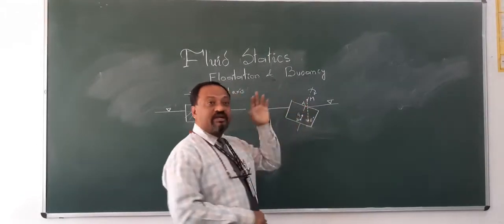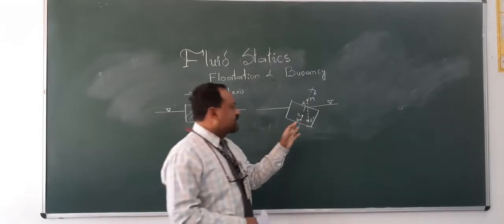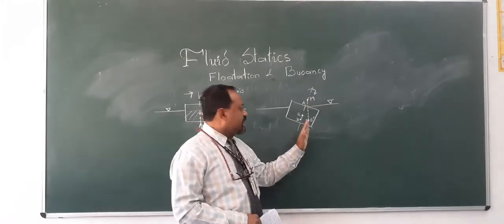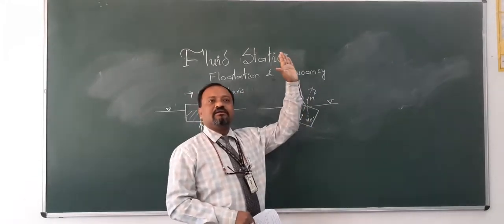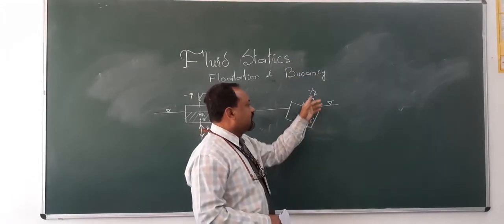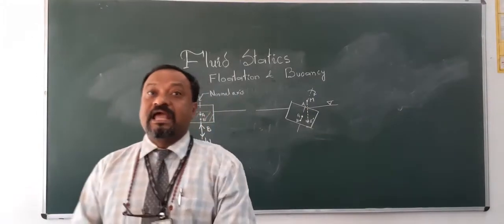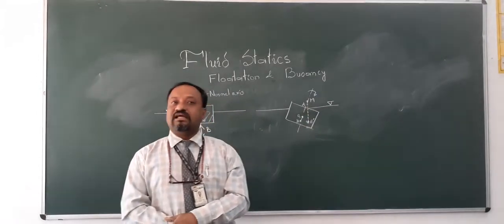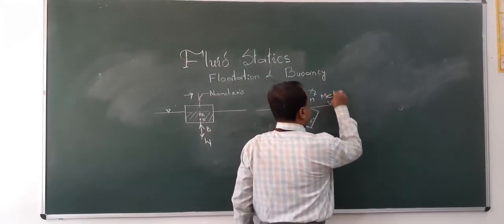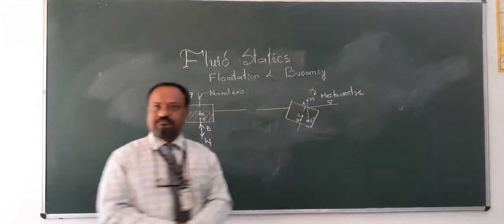Let us see. We can find out the point of oscillation. How? There is a technical method. From this shifted position of the buoyancy, if you draw a normal axis, it will meet the normal axis of the body at the point A, and this point A is known as the metacenter.